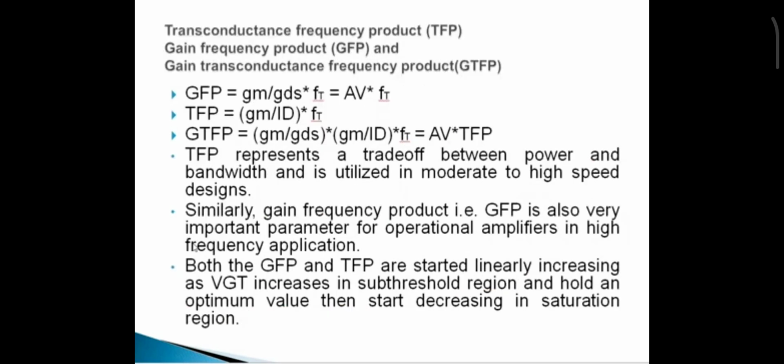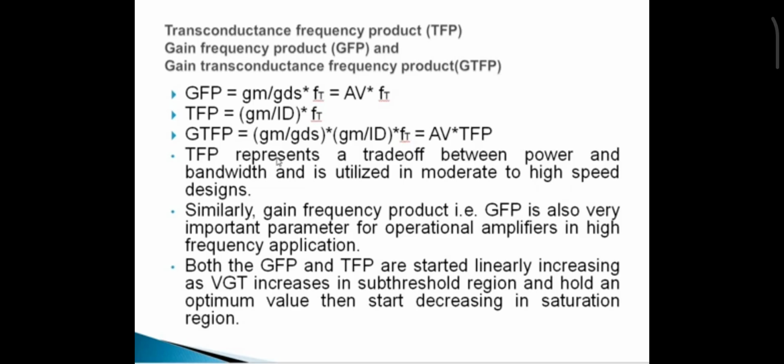For finding the gain frequency product, GFP, we know that GM by GDS is equal to intrinsic gain. By simply multiplying the value of intrinsic gain and the cutoff frequency, you will find the gain frequency product curve. For the transconductance frequency product curve, we know the value of GM and ID.